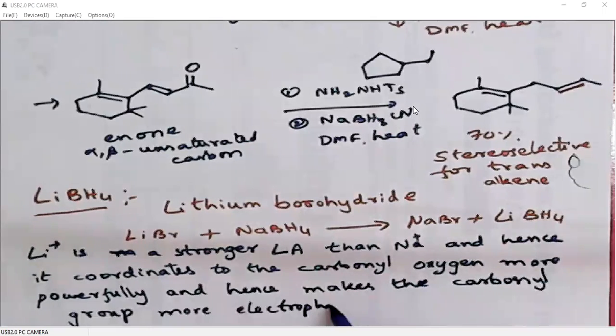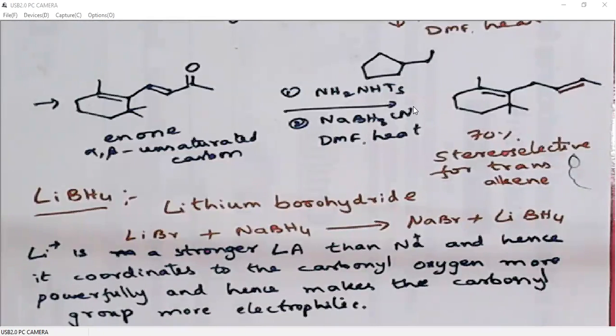Lithium ion is a strong Lewis acid, so it easily binds to the carbonyl oxygen. Because it forms a Lewis acid Lewis base type interaction with the carbonyl oxygen, it makes the carbon of the carbonyl group more electrophilic.